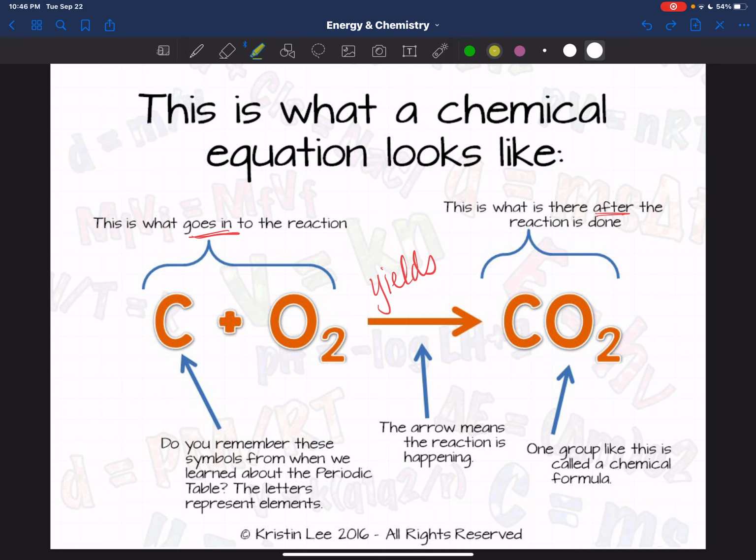Your arrow right here is yields. That means the reaction is happening. Then you have your right side, which is what you end up with. One group, like what I highlighted here, is called a chemical formula, but the whole thing with the yield sign is a chemical equation.